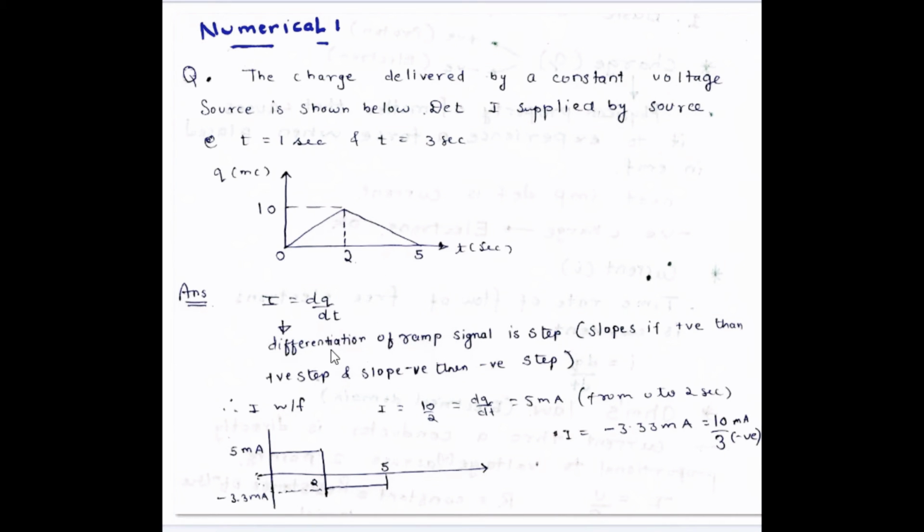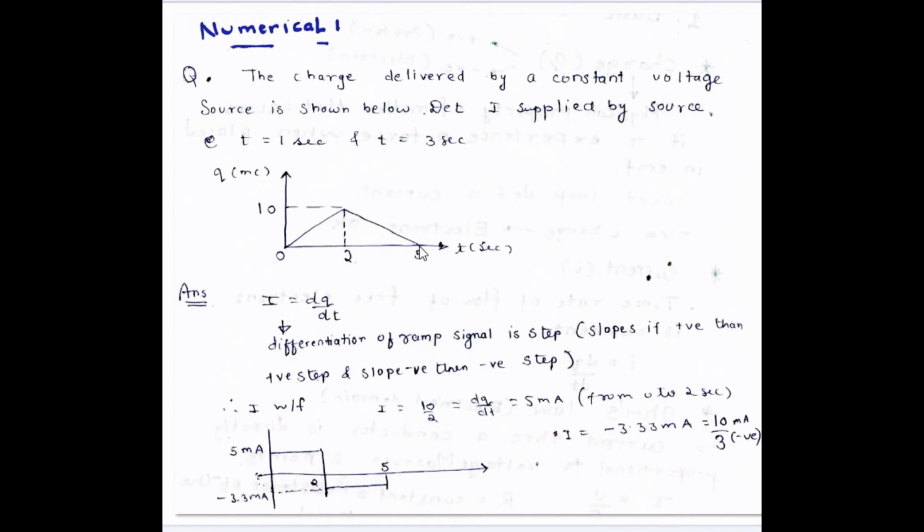the basic understanding of a signal is that if we differentiate a ramp signal, we'll get a step signal. Now this is a positive slope and this is a negative slope, as you can see.